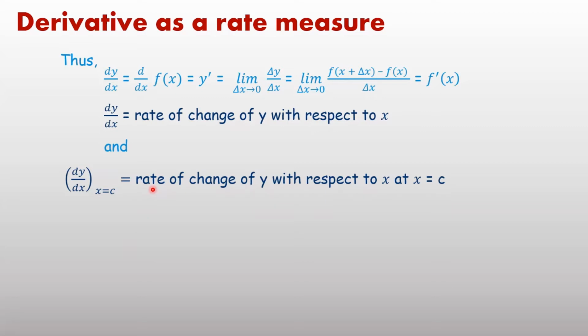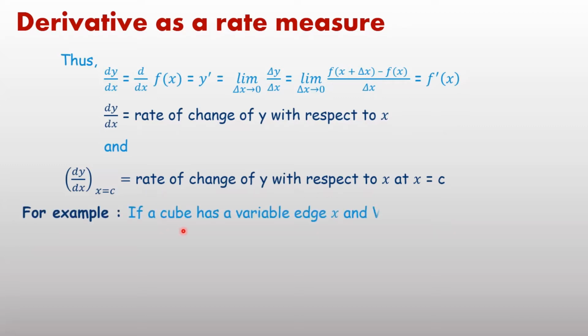Rate of change of y means the rate of change of the dependent variable with respect to the independent variable whenever a particular value of x is given, for example, x equal to c. Using these two identities, we have to solve questions based on rate measure.